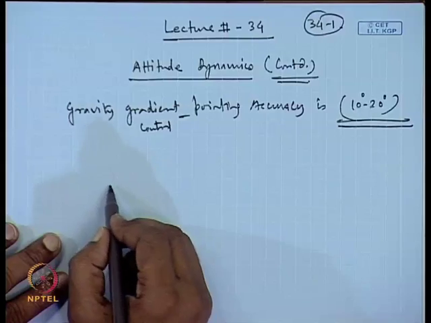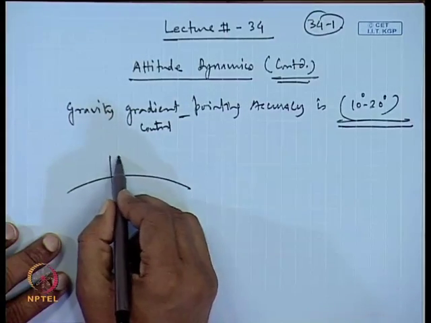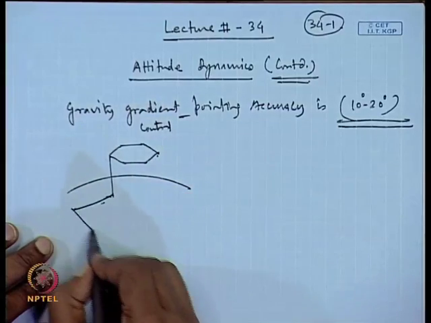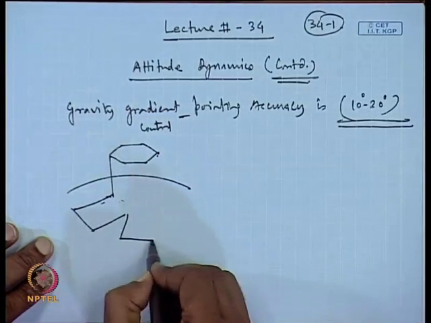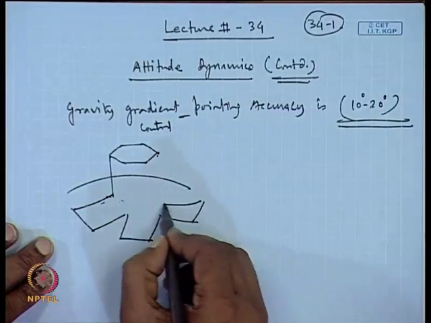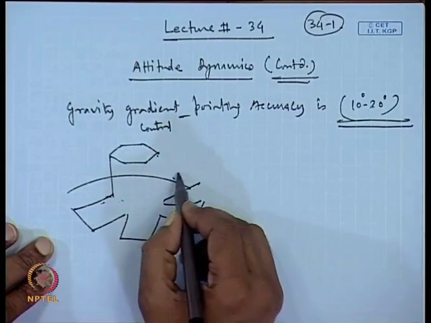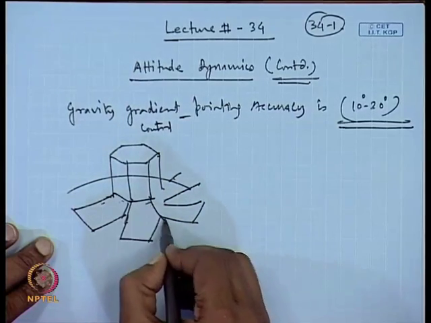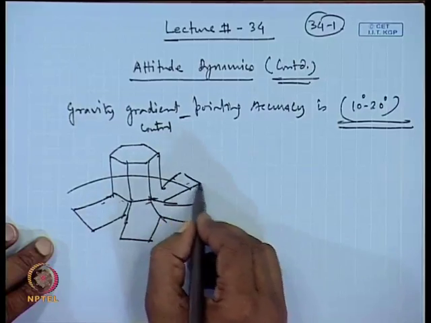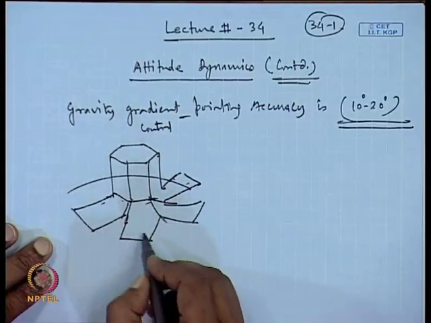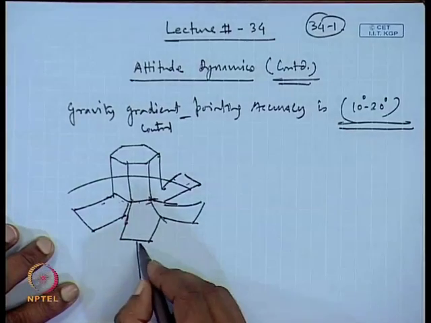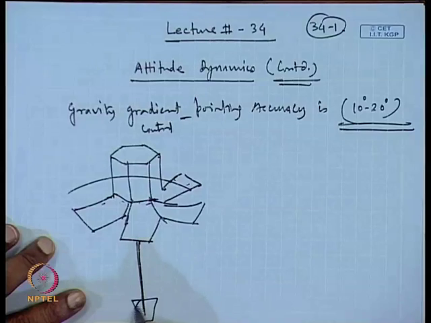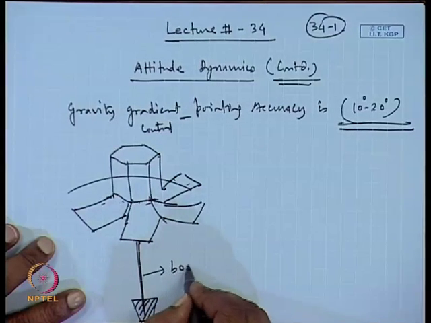Many satellites may be designed like this: say you have a satellite here, and these are the solar panels, the connected solar panels, and you may have a gravity gradient boom, where a mass is attached to the end of the boom.